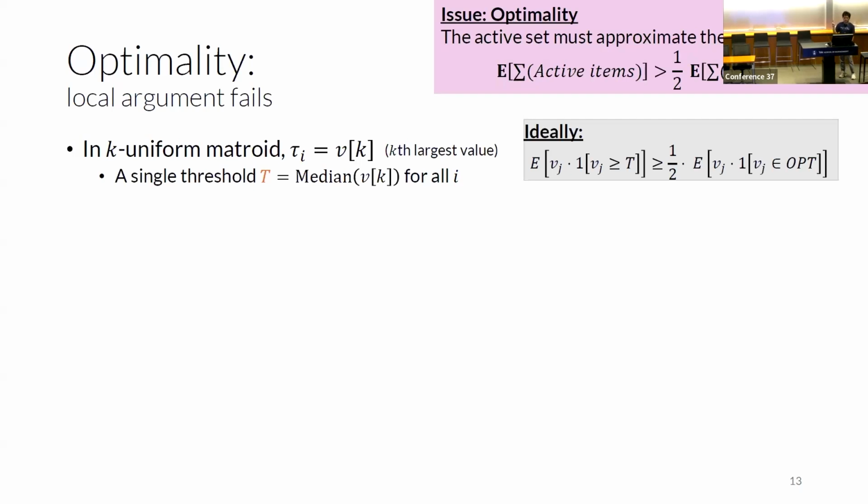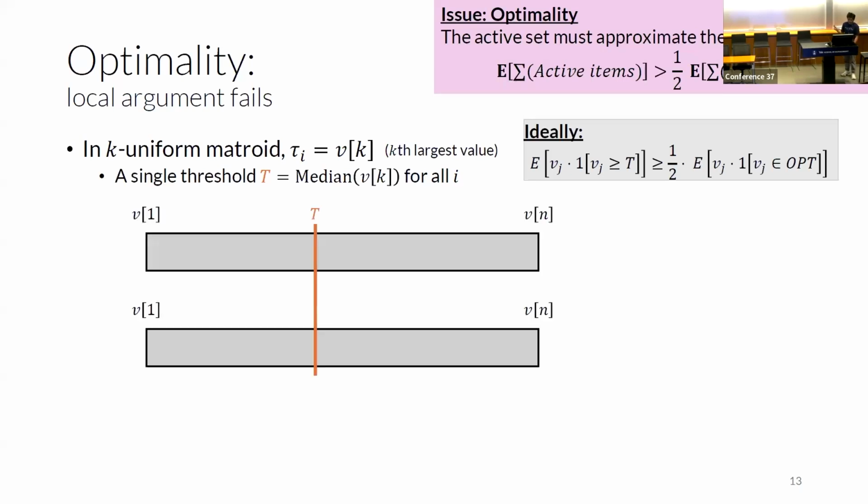But that is impossible in this setting. Let's consider a k-uniform matroid, where tau I is basically the k-th largest value. According to our algorithm, we will set a single threshold T for all I. We have two possibilities: one is that the k-th largest value is greater than T, the other is that it is smaller than T. Both happen with probability half because we're choosing the median of the k-th largest value.